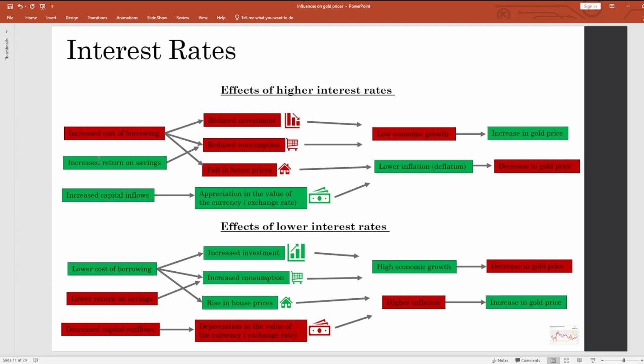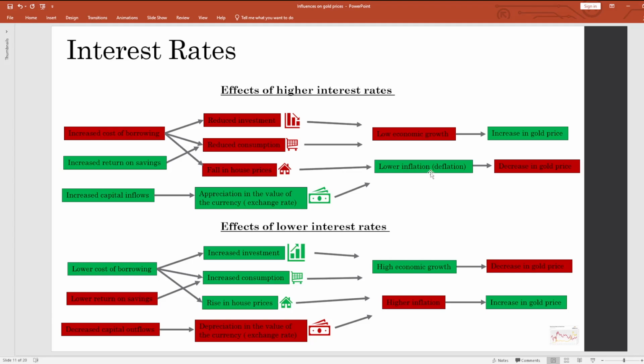So not only do you have asset price deflation because of reduced investment, you're also going to have deflation in the price of goods and services, which will lead to lower inflation in the economy, or deflation.